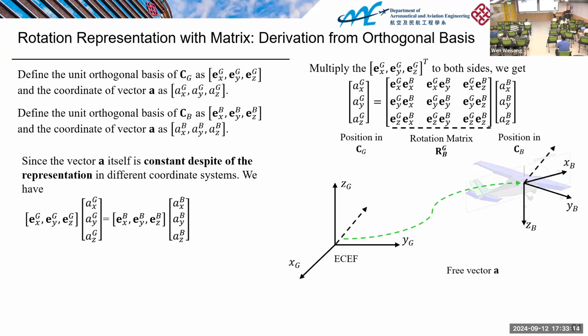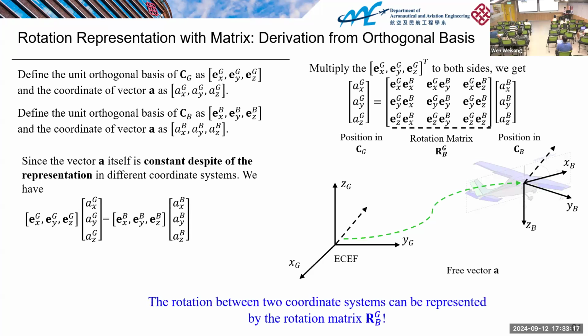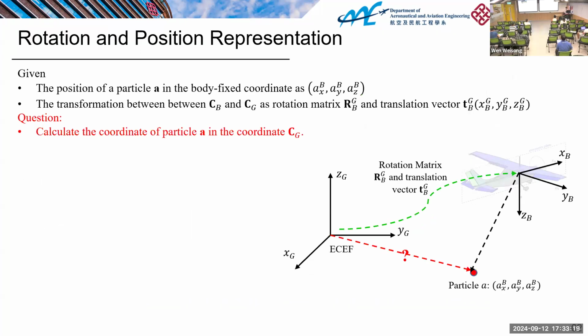So let's start with an example. For example, the position of a particle A in the body fixed coordinates. This is a particle A. The red color here usually means this is an unknown part.